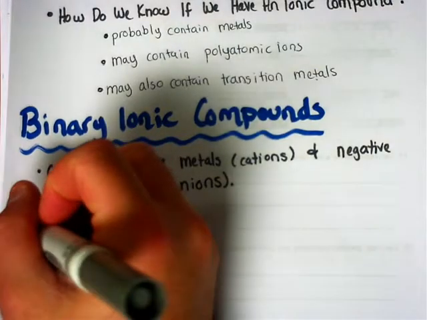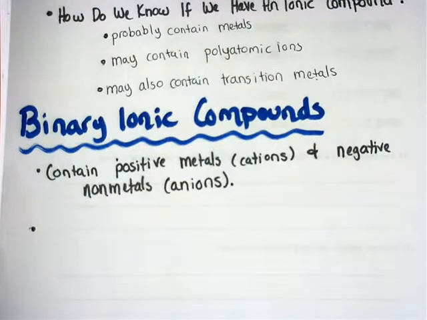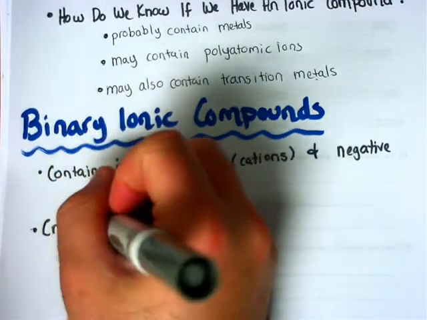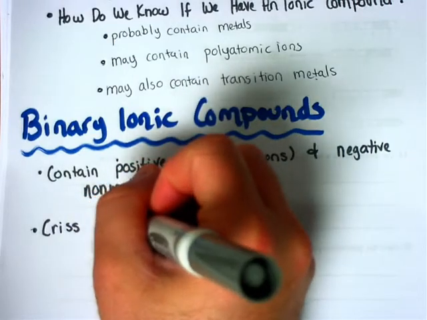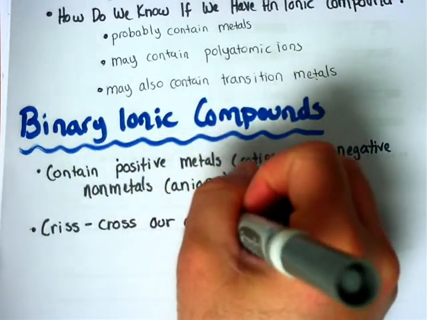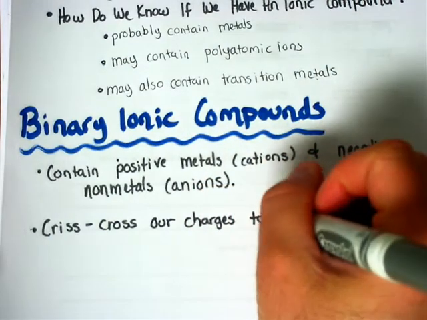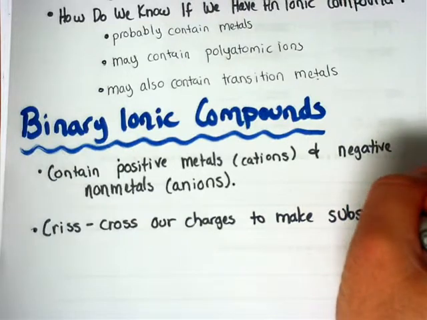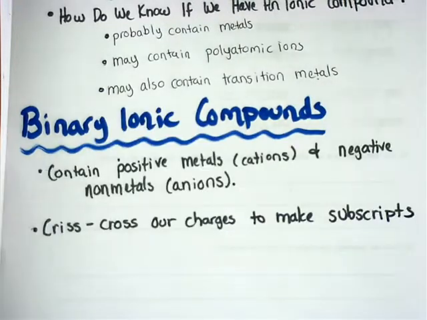One thing we also have to remember to do is that we are required to crisscross our charges to make subscripts. Subscripts are, of course, the little numbers.